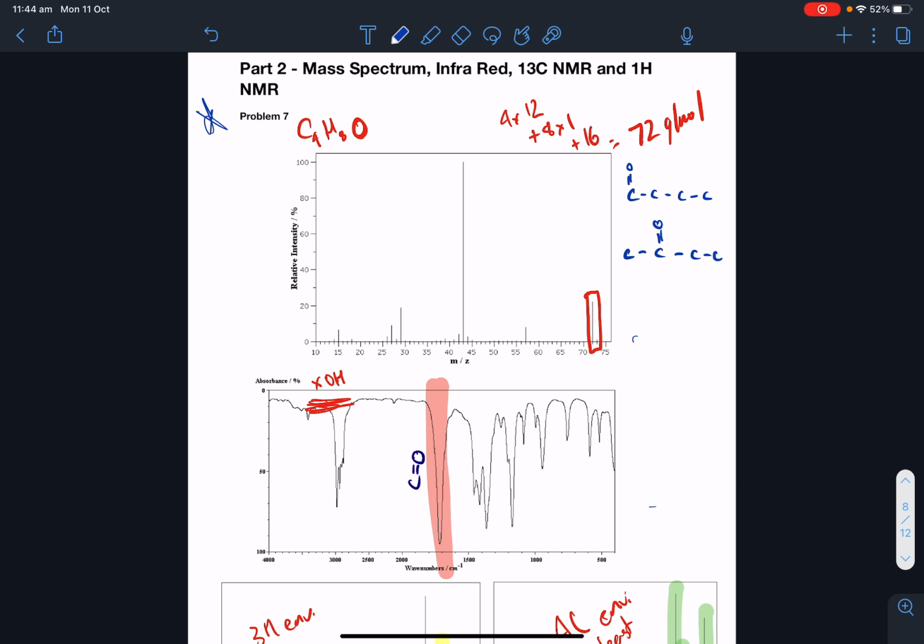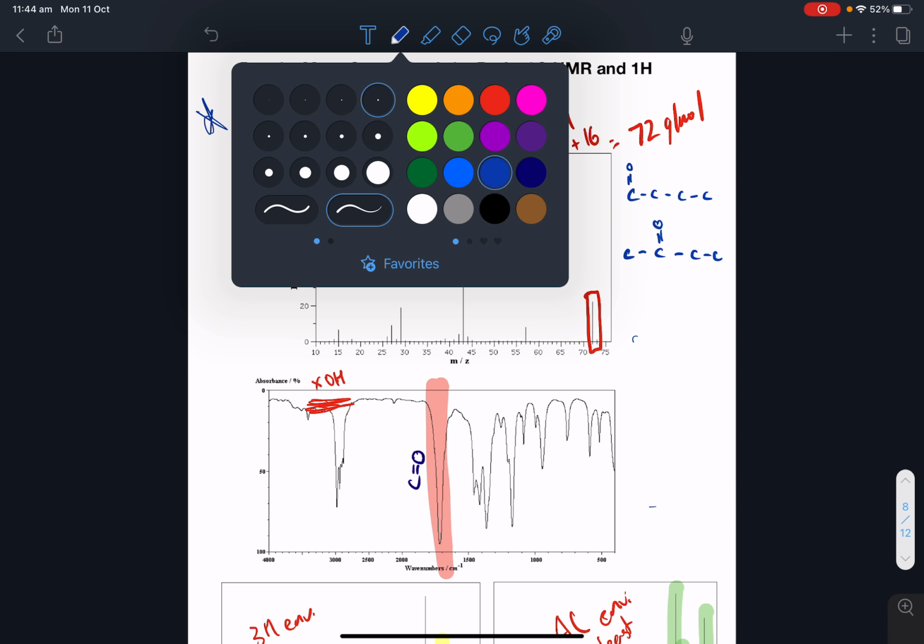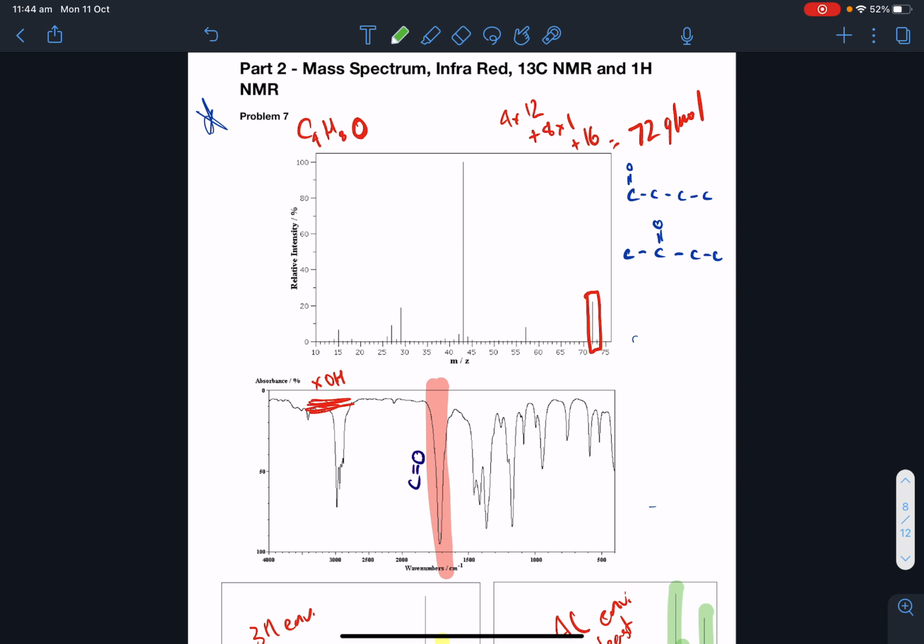So it can't have a propane backbone. It must have a butane backbone. So it must either be the aldehyde or the ketone of the straight chain butane backbone. Okay, so let's draw our hydrogens in here and see how many hydrogen environments we get.